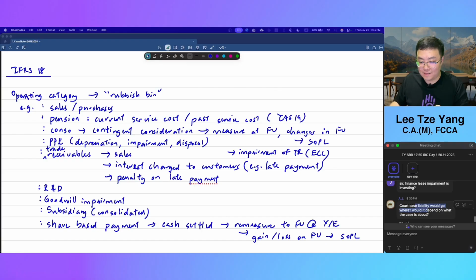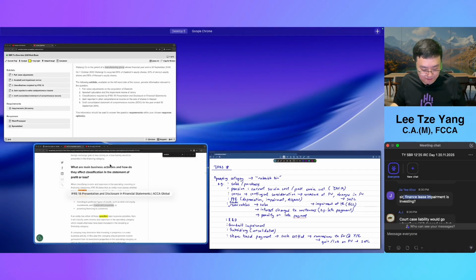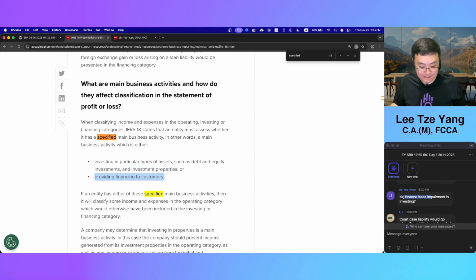Okay, now finance lease, Jia Yi here. I want to tell you something. We need to ask this question. Finance lease, is this finance lease the principal activity? Because it is actually possible that finance lease falls under operating. If that is your main activity, it can be argued as this one. You are actually providing financing to the customer. So in that case, operating.